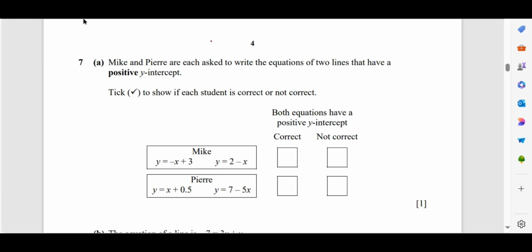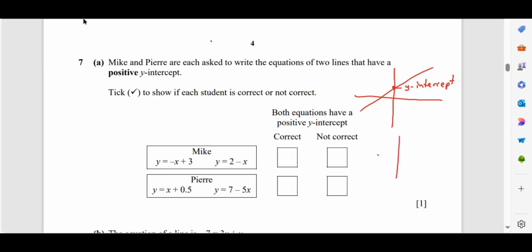So first of all, let me sketch the situation where we have a positive y-intercept. Okay, so when you have your line, this is what we mean by positive y-intercept. So this is your y-intercept here. That's positive. Now, when are we going to have negative y-intercept?